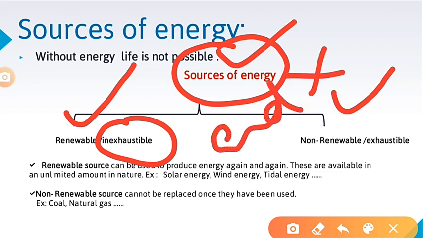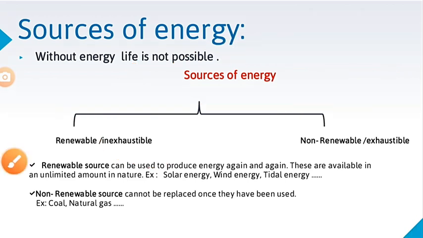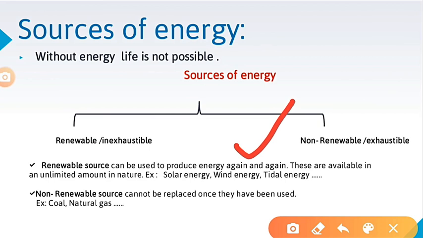Renewable source means the energy which can be produced again and again, which is present in unlimited amount. Example: solar energy, wind energy, tidal energy, nuclear energy, and it goes on like that.